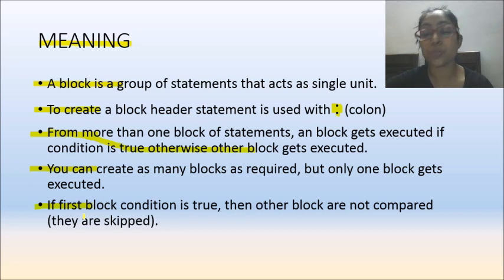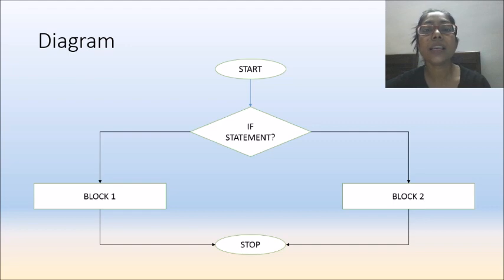Now let's move forward. Here is the flowchart for expressing the way conditional statements work. When we move inside the conditional statement, you have to write a statement that checks something.